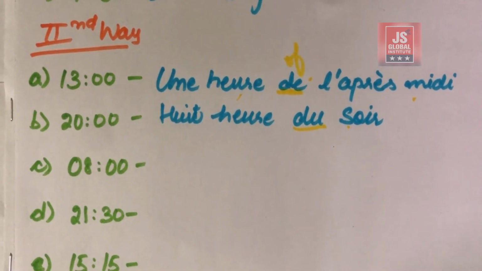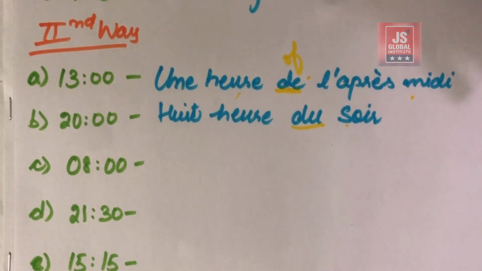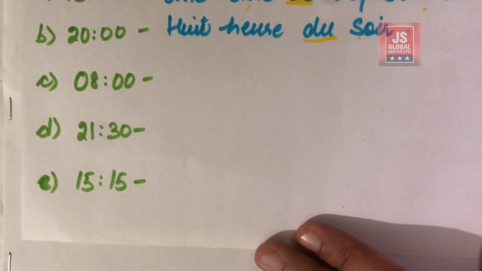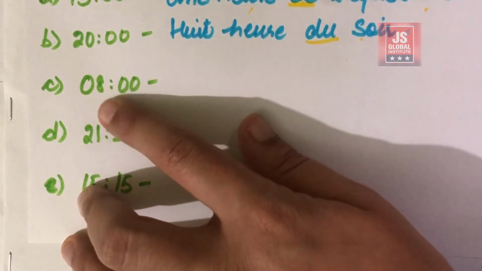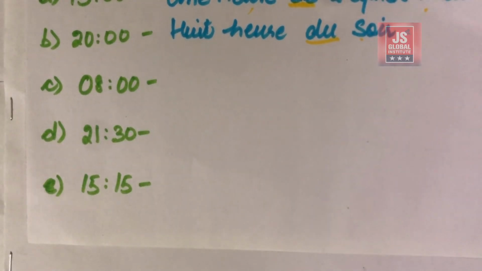Okay, so now we are moving towards the next part. So what is this? This is actually 8h, that is 8 hours. Okay, so if the counting is not above 12, that means it is talking about AM kind of things.